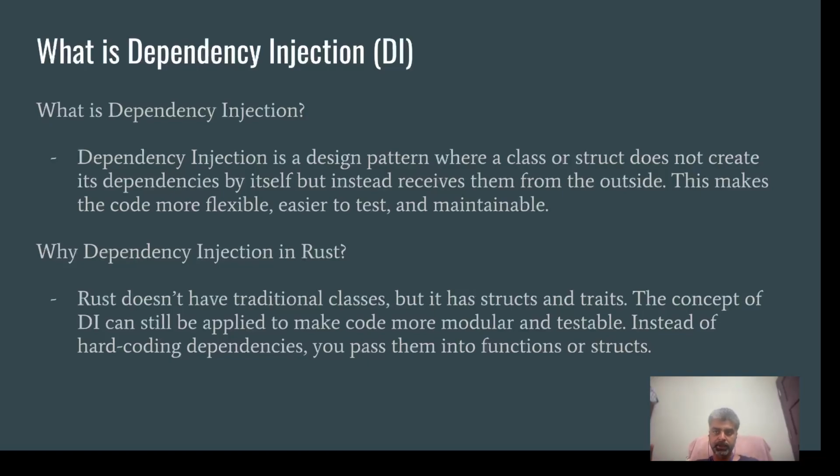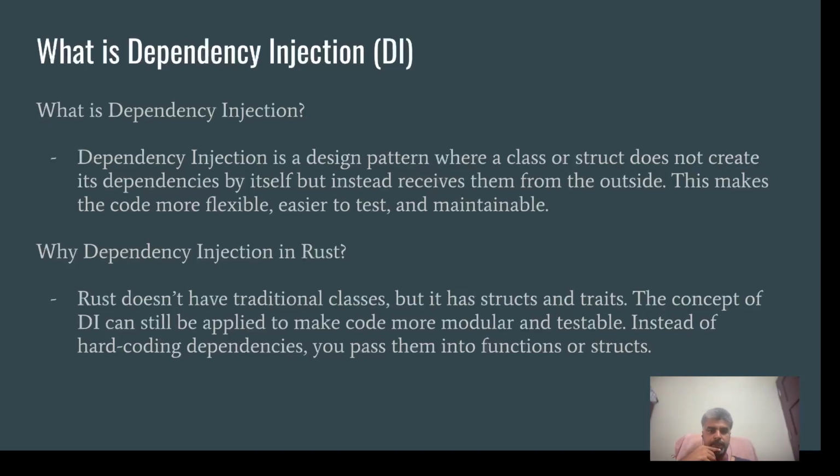That means the dependencies are injected from the outside. What is the benefit of that? This makes the code more flexible, easier to test, and maintainable. Okay, that means the dependencies in your code are injected from outside. That's what dependency injection is.